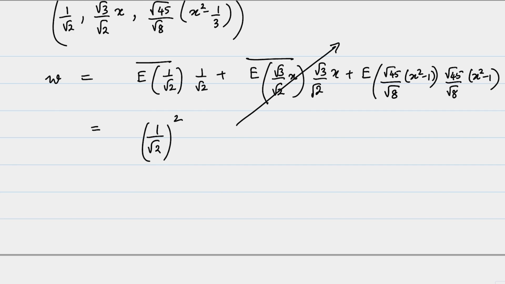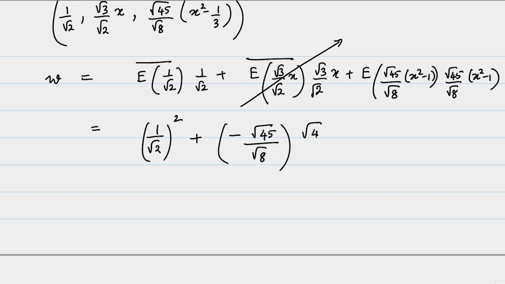And finally, E of root 45 by root 8 times x square minus 1 by 3 when evaluated at x equal to 0 will give us minus root 45 by root 8, times root 45 by root 8 times x square minus 1 by 3. Some mistake, but yeah, rectified.